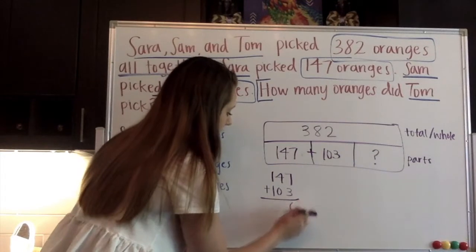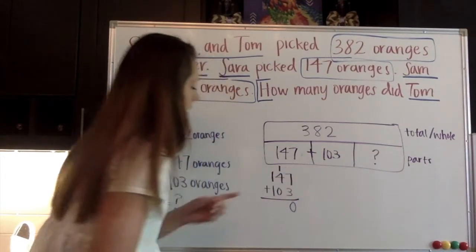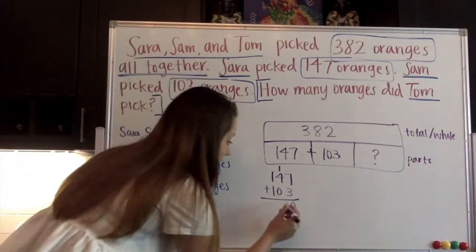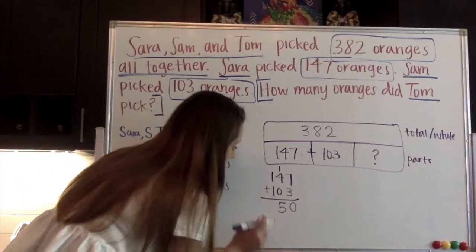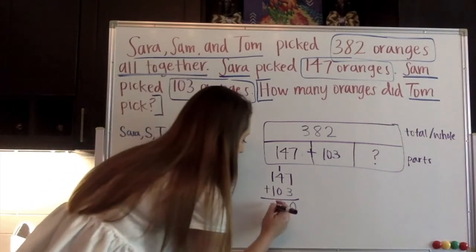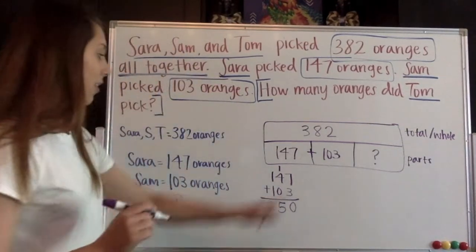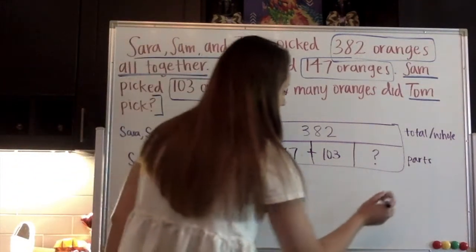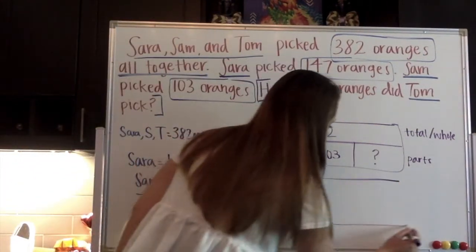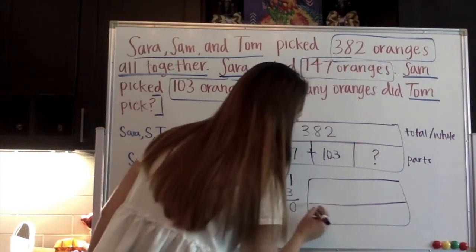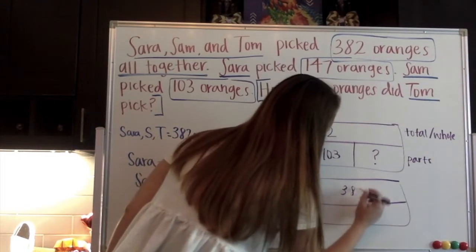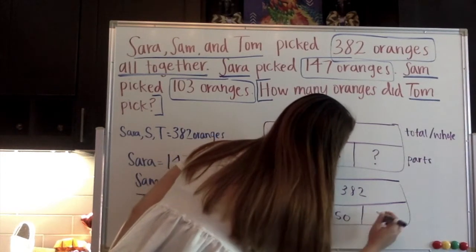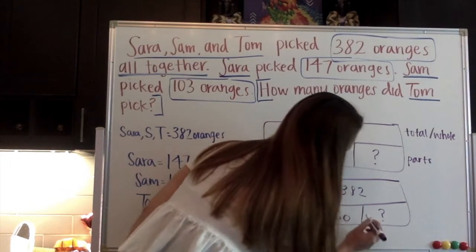So I would put my 0 down here and carry my 1. 1 plus 4 is 5. Plus 0 would just stay 5. And then 1 plus 1 is 2. So together, these two boxes would be 250. So I can make a new box if I'd like. So 382 is equal to 250 plus something.